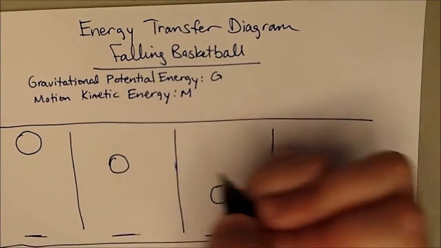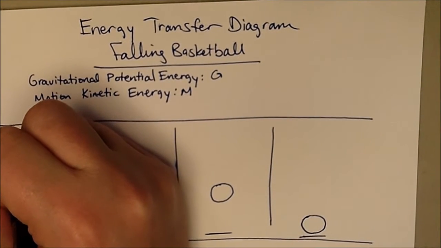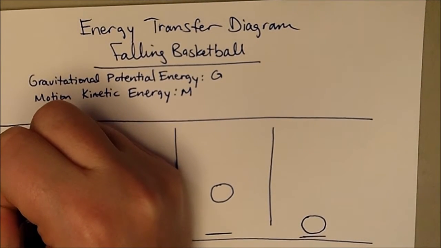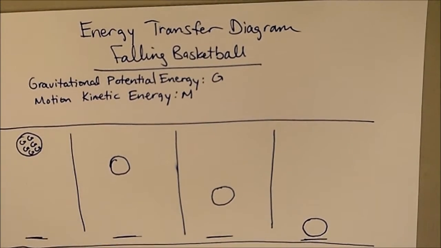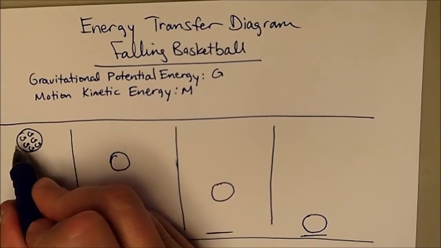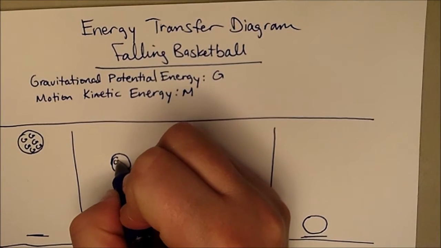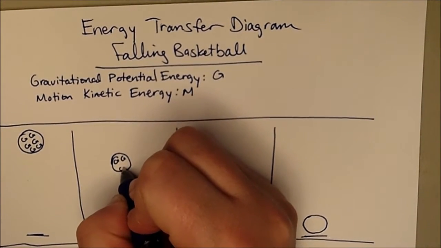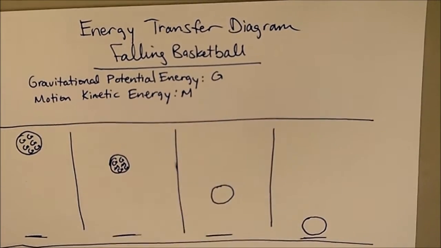So the way we're going to represent our energy is we start with 6 G's for gravitational energy. As the ball falls, the G's turn into M's. So about a third of the way down, still have 4 G's, but then we have 2 M's.